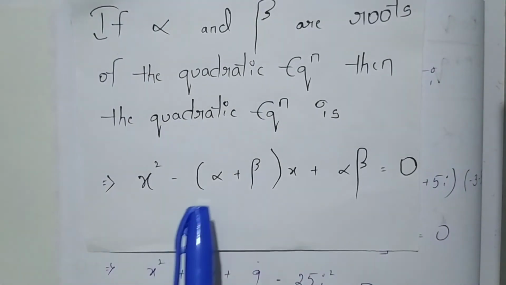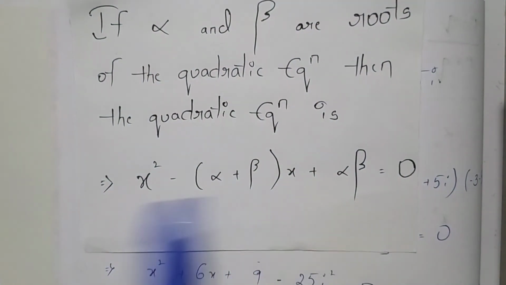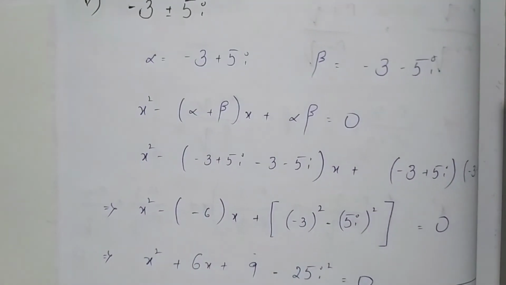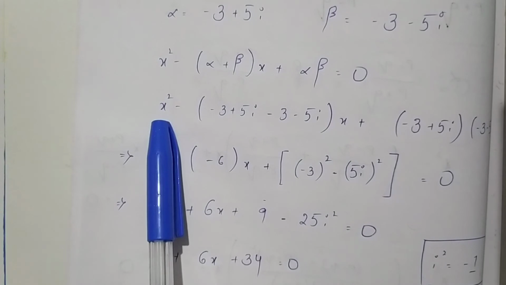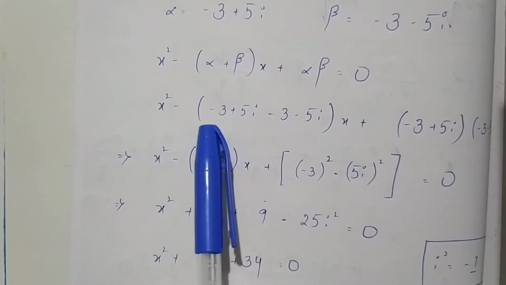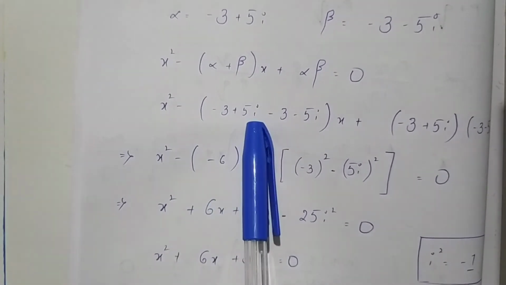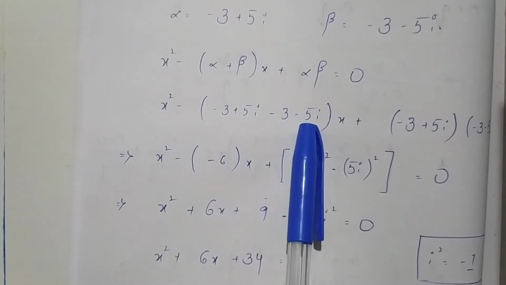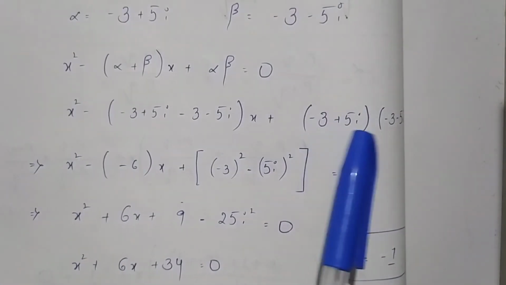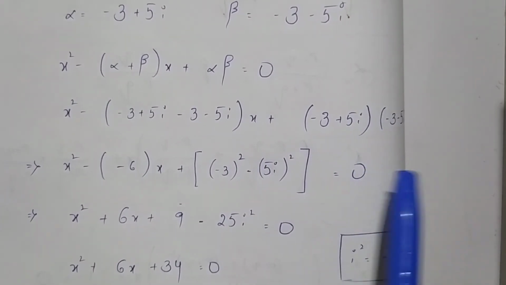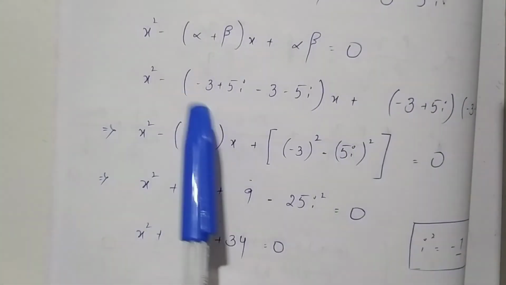x square minus (alpha plus beta) x plus alpha into beta. So when we substitute this, we will get x square minus (minus 3 plus 5i minus 3 minus 5i) x plus (minus 3 plus 5i) into (minus 3 minus 5i) is equal to 0.